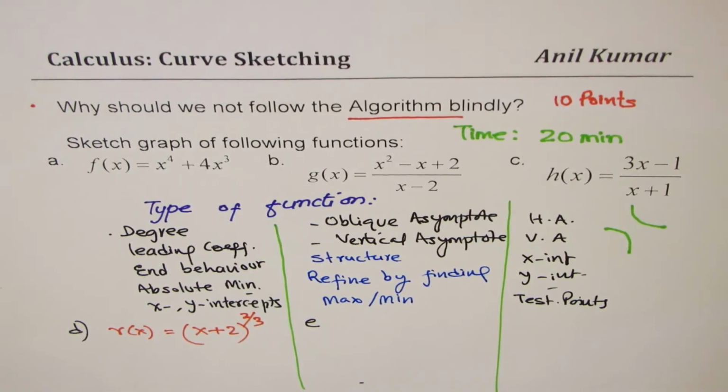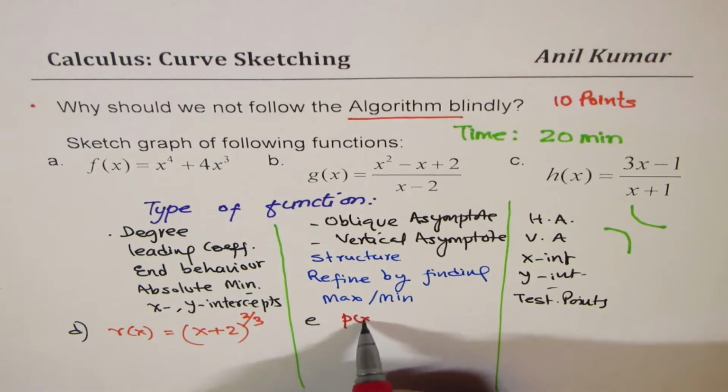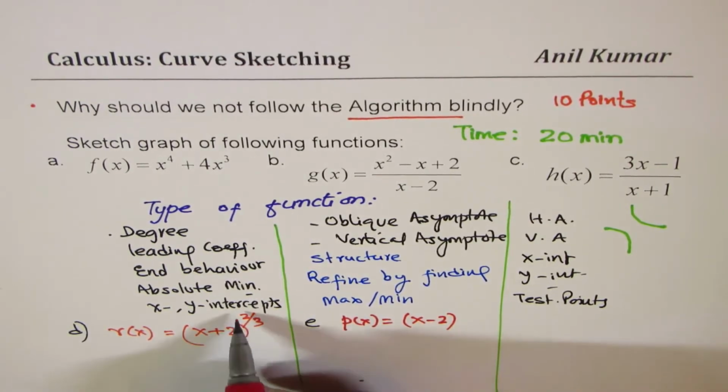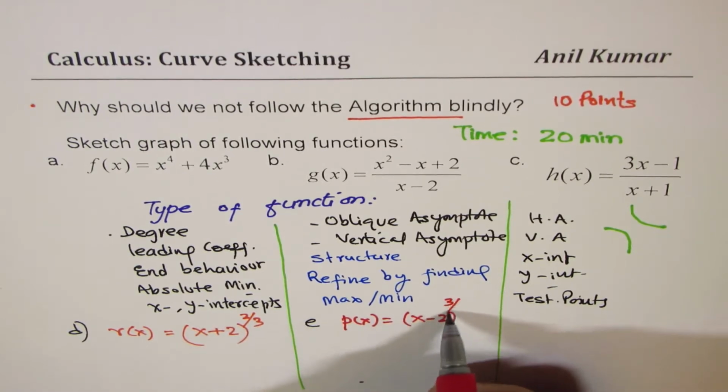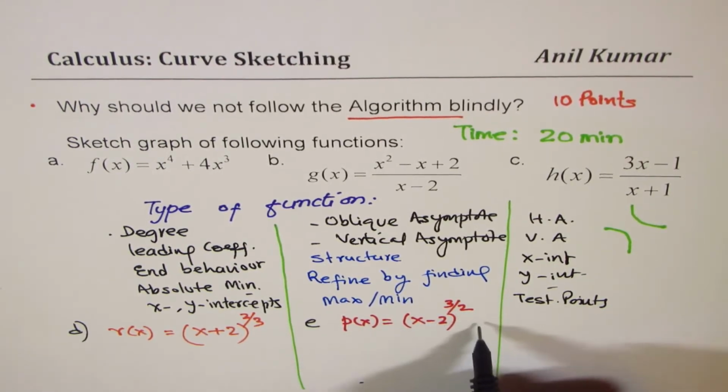Or I could give you another function, let me write here, p of x equals x minus 2 this time, and let me flip this, 3 over 2.